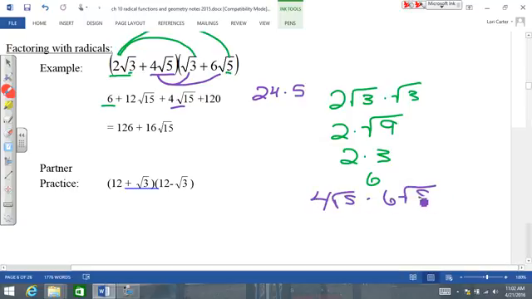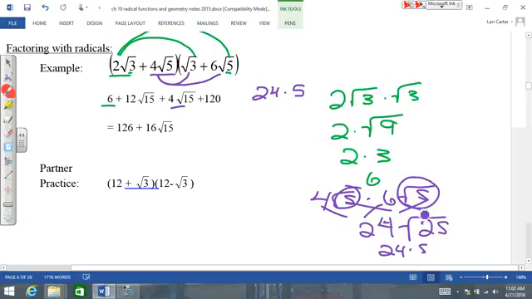Now, square root of 5 times the square root of 5 is the square root of 25, which is 5. Because anytime you take a square root times itself, you get what's underneath the radical back. What's 24 times 5? 120.